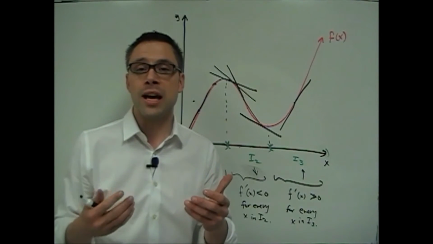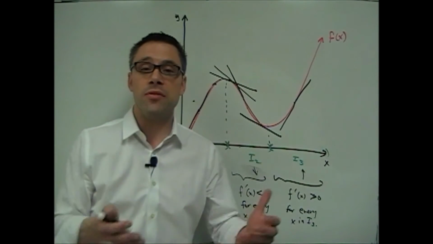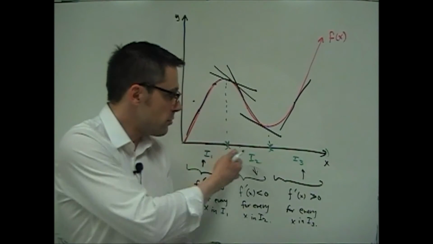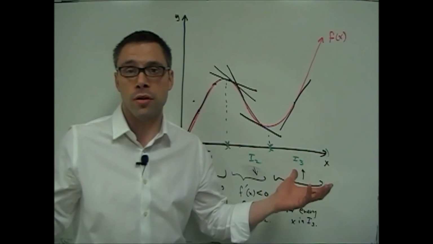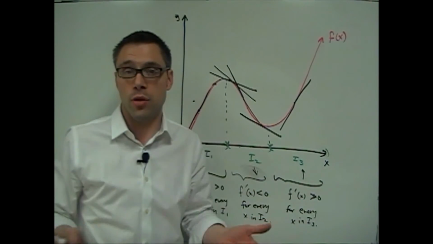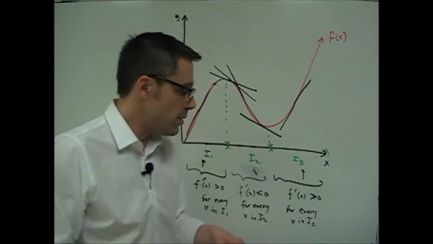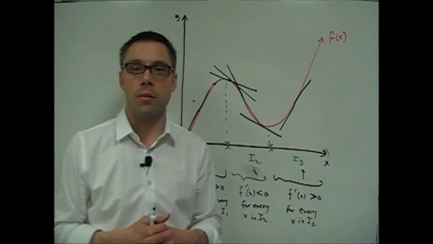Okay, so now we've connected calculus with the concept of increasing and decreasing, just from looking at pictures. And this will be very useful if we don't know the picture of the function ahead of time. We don't have a picture. Okay? So let me write that down in a more compact form.